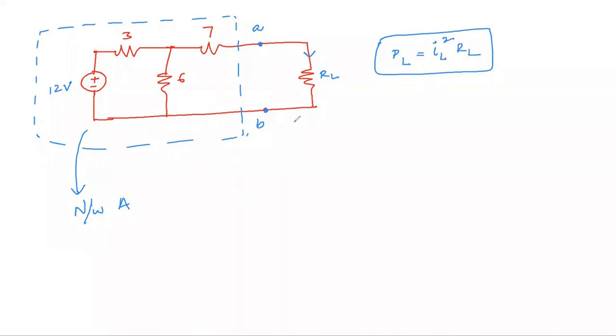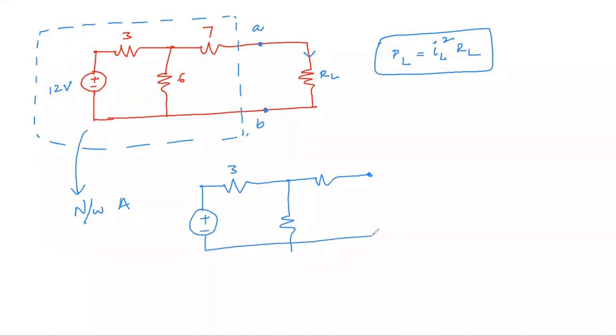So after removing, what you get: this is 3 ohms and 6 ohms, 7 ohm, and you have positive, negative voltage, right? So 12 volt. This is 6 ohm and 7 ohm.